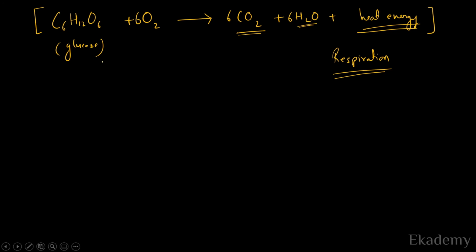So this is now balanced. Glucose will be in aqueous state because it will be dissolved in water. Oxygen is a gas, CO2 is a gas, water is liquid, we already know, and heat is just energy.